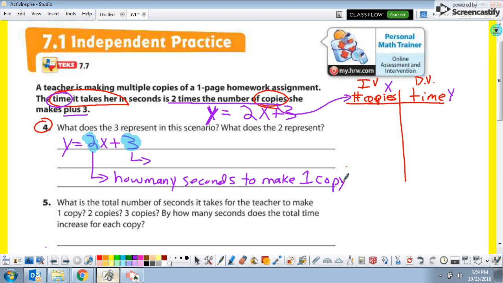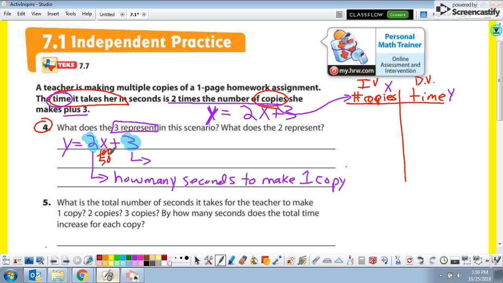But now we have to figure out what this 3 represents. It's a one-timer. It happens only one time. It doesn't matter if you did 100 copies or 50 copies, you're always going to have this additional 3.